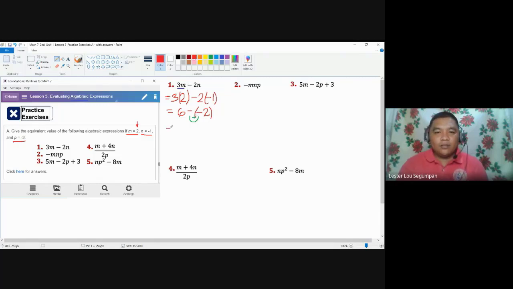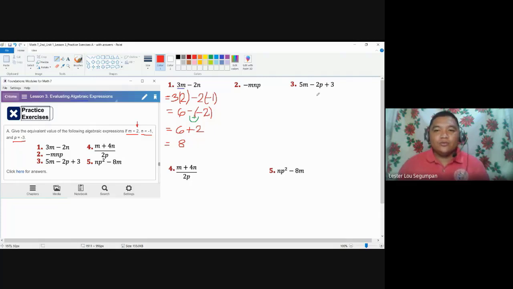In short, this will become 6 plus 2. And then operate. 6 plus 2 is simply 8. So this is the result for number 1 if m is 2 and n is negative 1. Again, the process involves substitution, operation, and then finally simplify if possible.